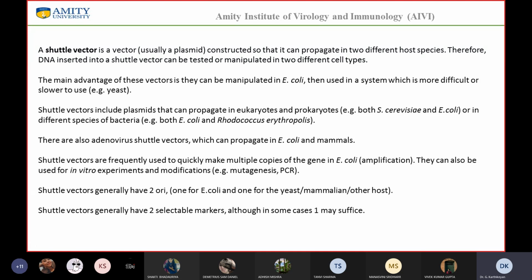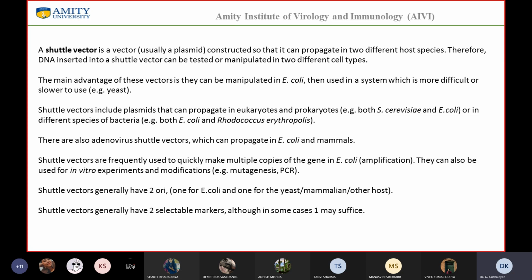For example, if you see a protein with 1,000 amino acids, not all 1,000 amino acids are necessary for protein function. We will see in applications of molecular biology how you can do protein engineering with the genes that have been cloned. You can start removing certain residues and find out whether those are responsible for the function or not.